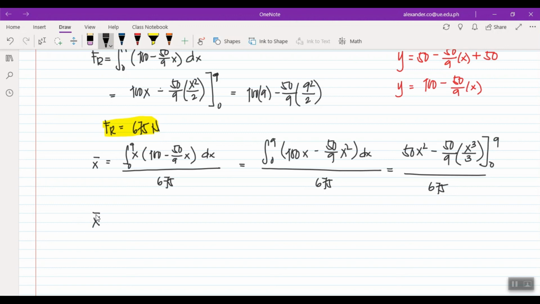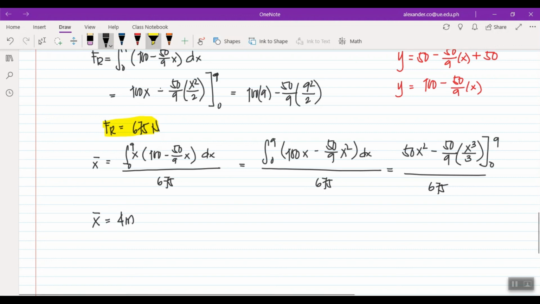Narinig nyo ata yung palampag ng calculator ko. Sandali lang naman to, no? The answer is 4.